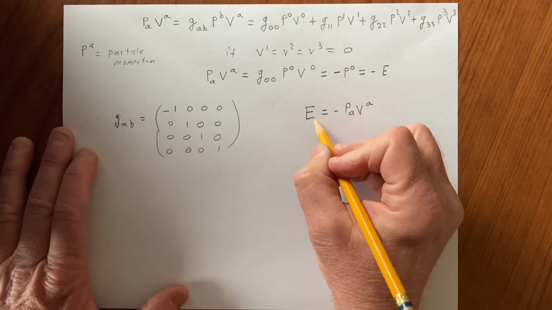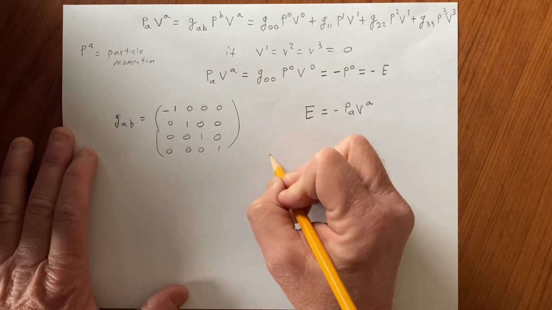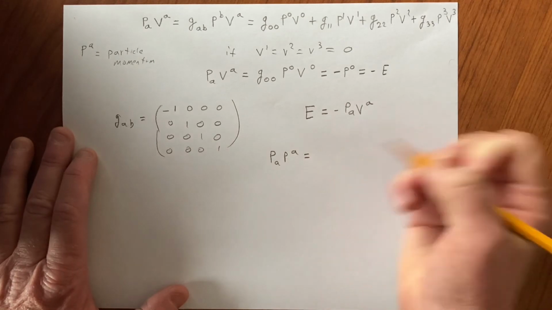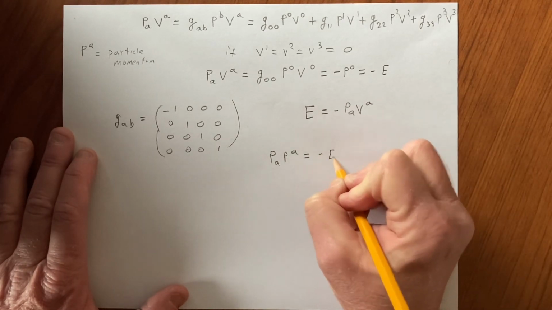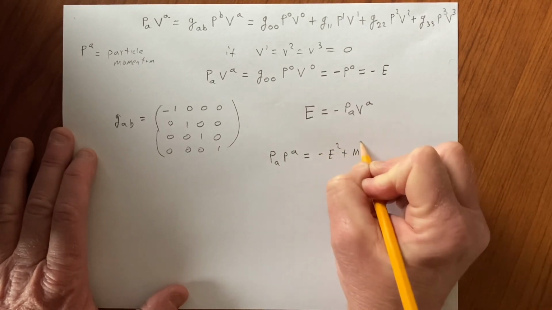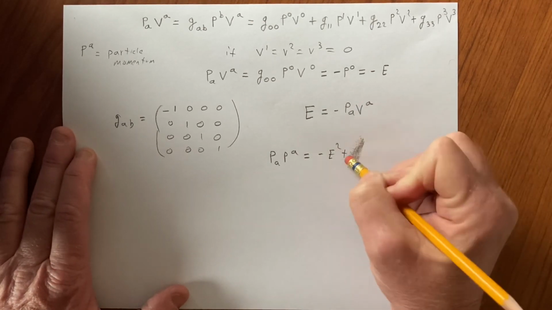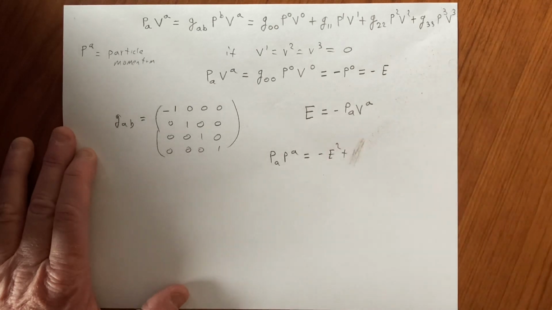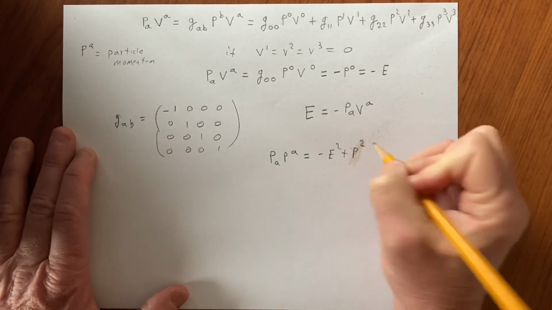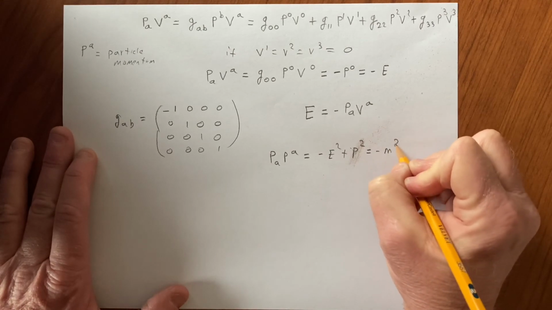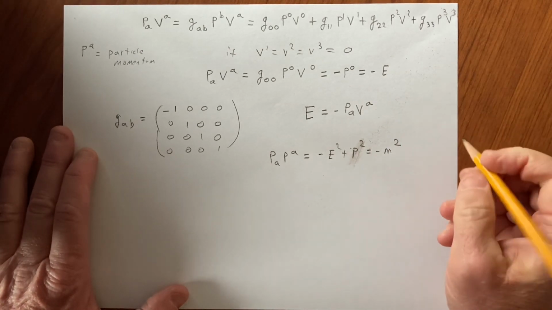So what is the energy of the particle? Well, we already found this. That's P_A P^A, and that was minus E squared plus momentum squared, and that was equal to minus M squared. Right, we found that earlier.